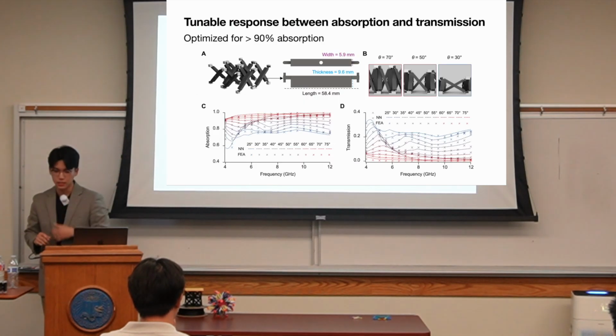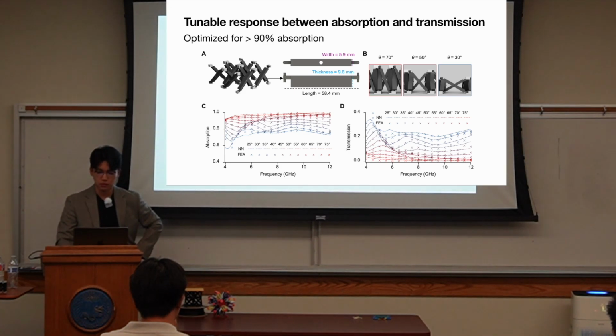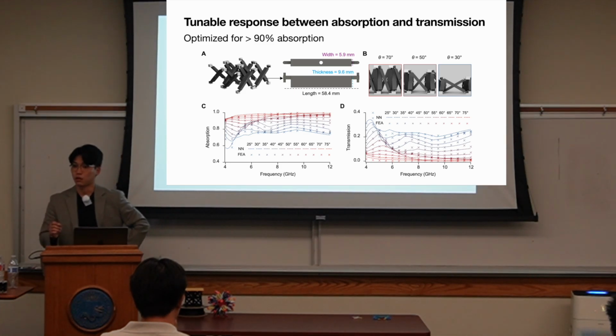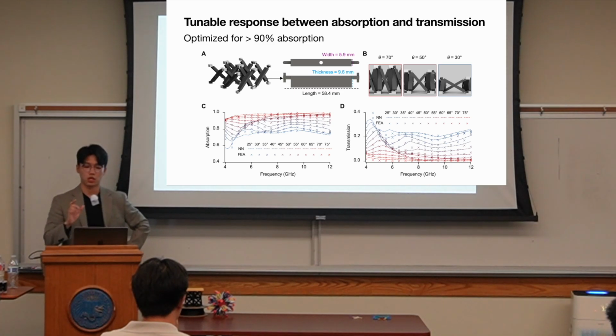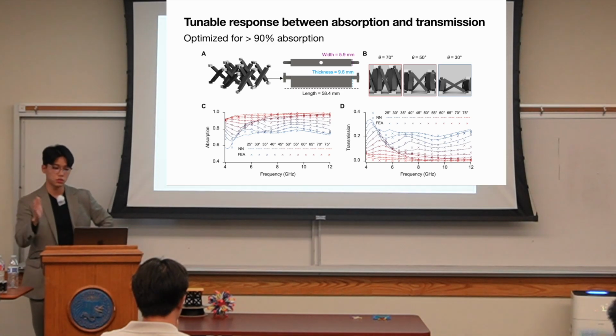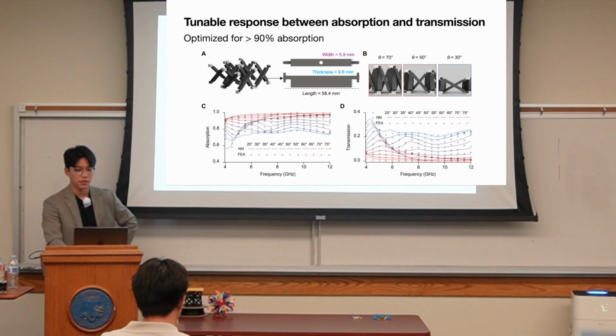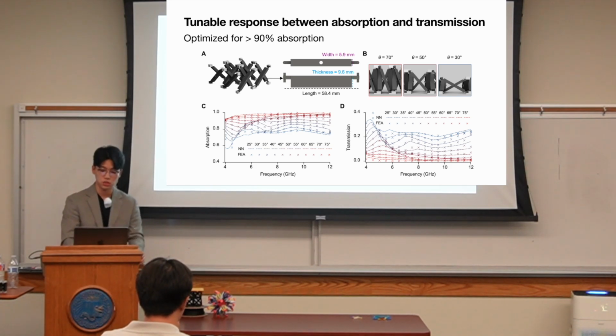And what I have done is, by using this data-driven design method, using a genetic algorithm and a surrogate model, I was able to create this structure that is targeted towards broadband absorption that can achieve over 90% when it's collapsed, and also high transmission when it's expanded.